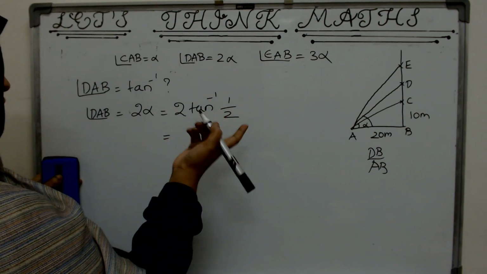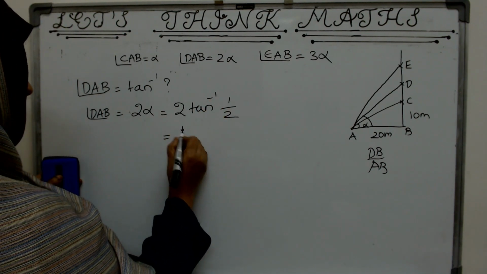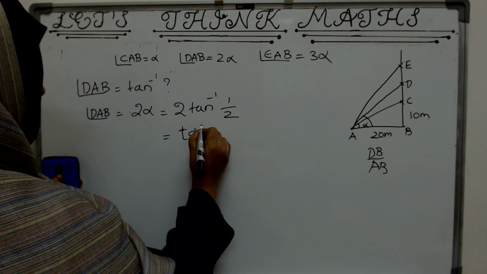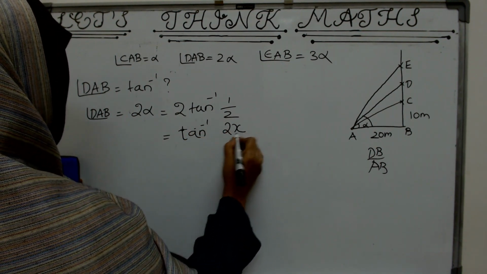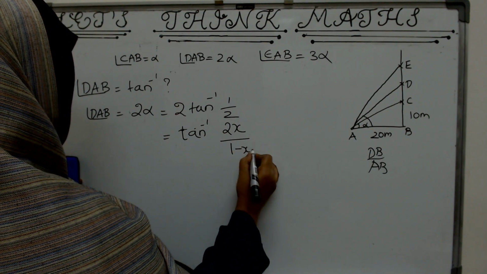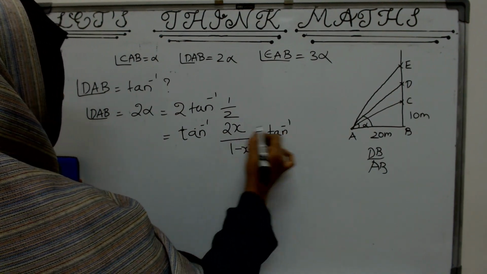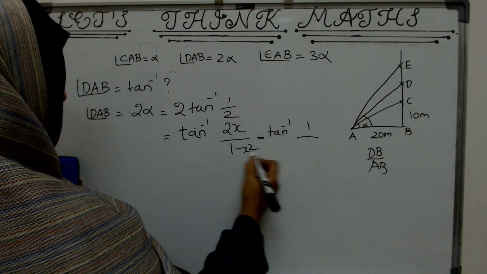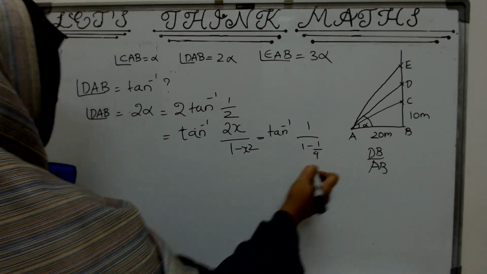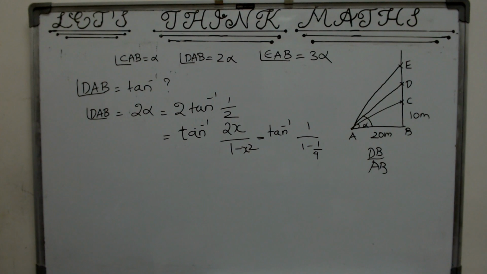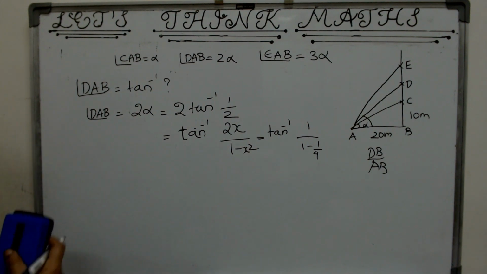Apply the tan inverse of x formula. It is tan inverse of 2 into x by 1 minus x square. That is equal to tan inverse of 2 into half is 1 and 1 minus 1 by 4. x square is 1 by 4. So 1 minus is 3 by 4.